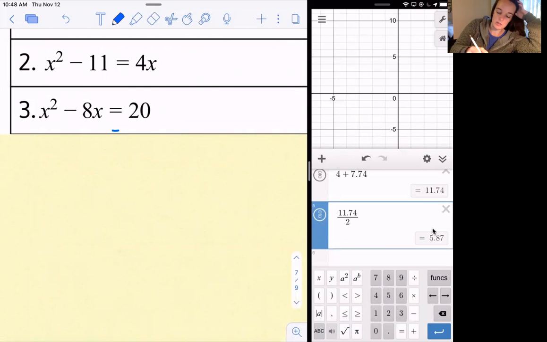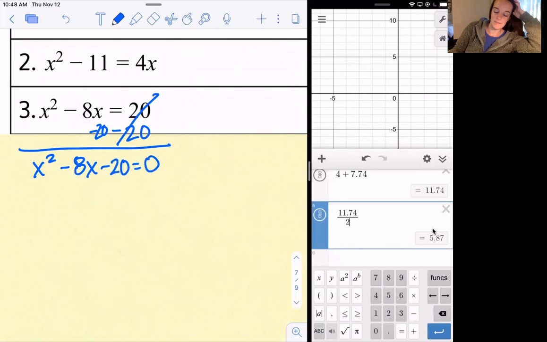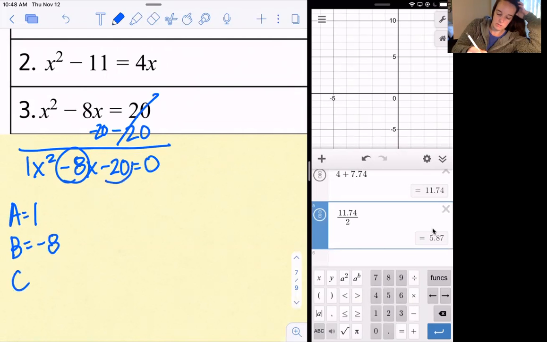So I'm going to go ahead and subtract 20 to move it to the other side. It's going to give me x squared minus 8x minus 20 equals 0, like that. So I have a equals 1, b equals negative 8, c equals negative 20.